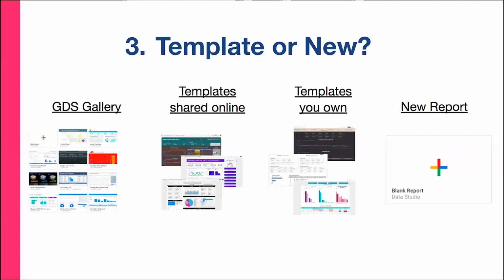You can just choose a template, copy it, add the data source you own, and do some adjusting. For example, change colors, change some charts, or maybe add some comment blocks there. There are also plenty of templates shared online. The same steps: just create a copy, add your data source, and adjust the template.